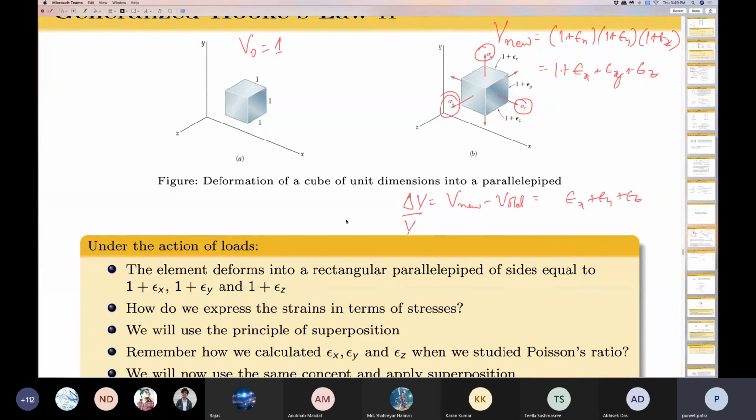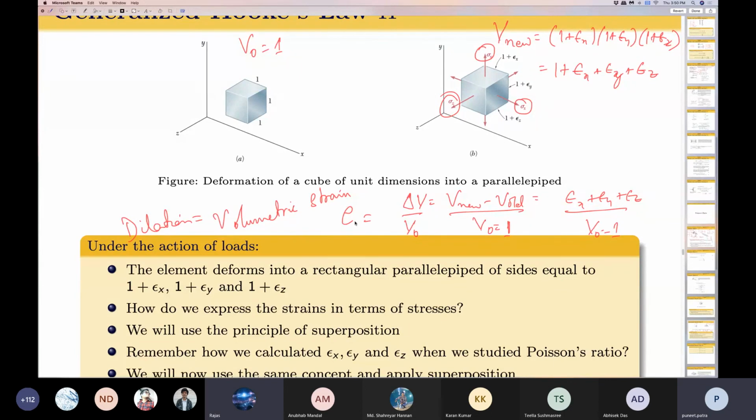And if I divide this by V0, which in this case is 1, I end up with a quantity known as volumetric strain. Just like we had the normal strain where we took delta L by L, the volumetric strain talks about the change in volume with respect to the initial volume. Volumetric strain is also known as dilation. Both of them are equal.